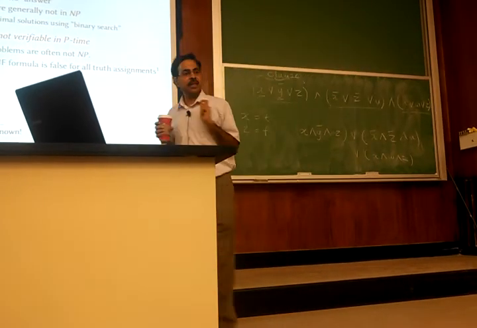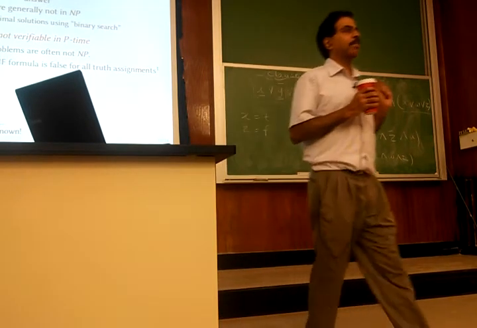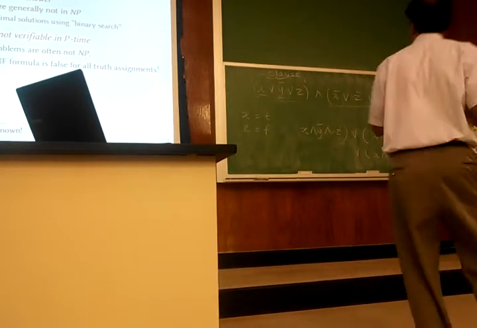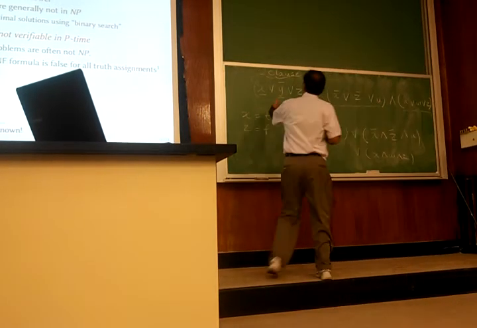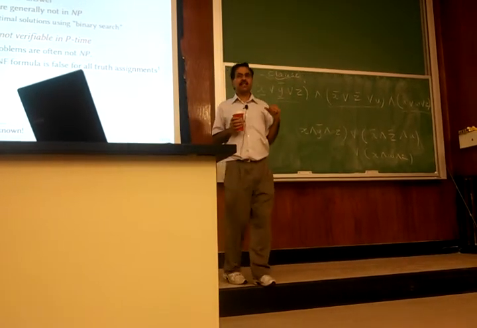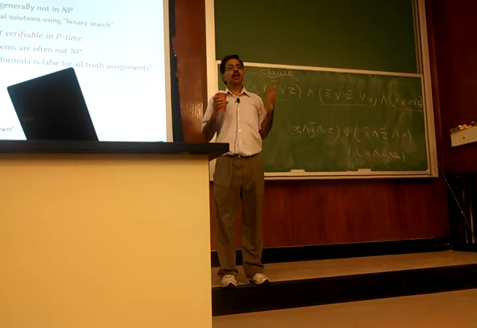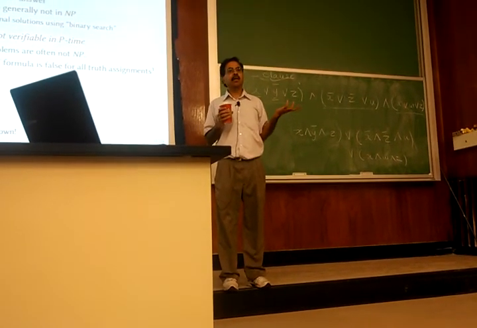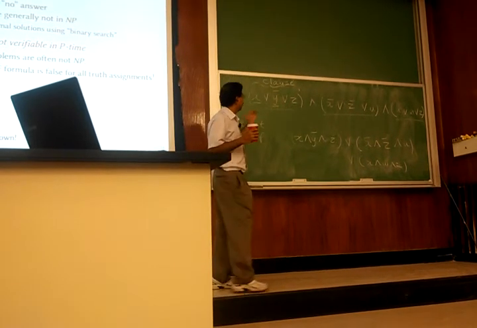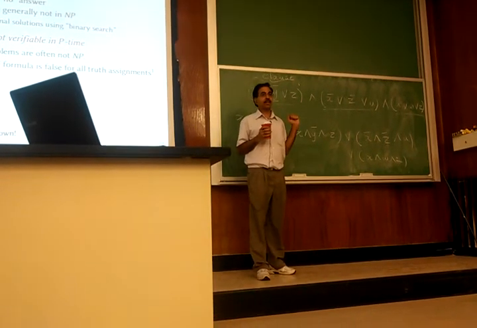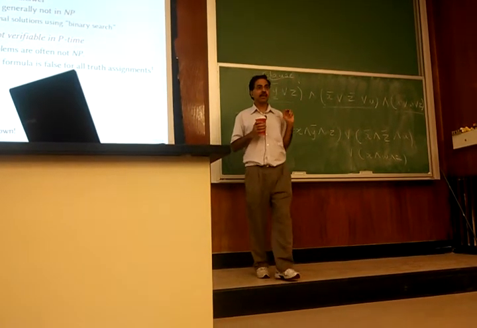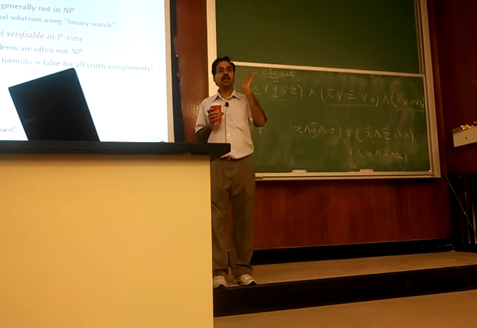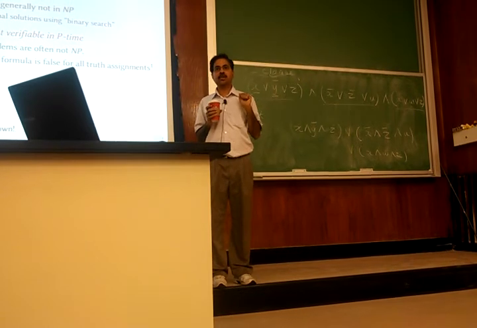Okay, but when the answer is no, then you may not be able to verify that in polynomial time. So for instance, if I said this formula is not satisfiable, okay, how can I prove to you that it is not satisfiable? Because that requires me to consider every possible truth assignment, right? It's not like I just guess one, right? So to show that it is satisfiable, I just have to tell you a guess for which variable to set to true, right?